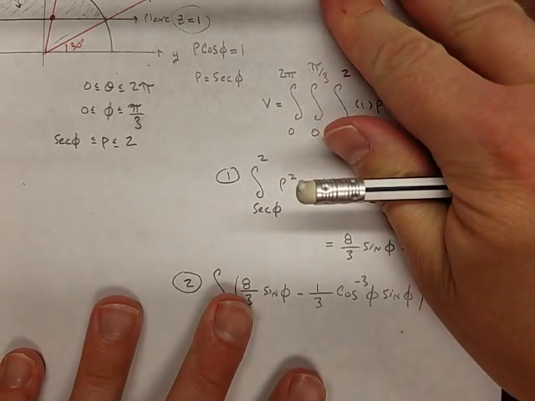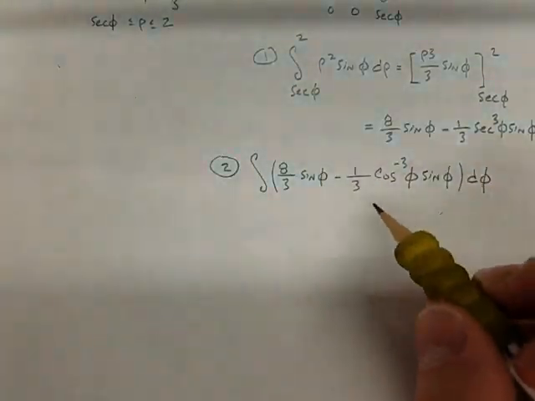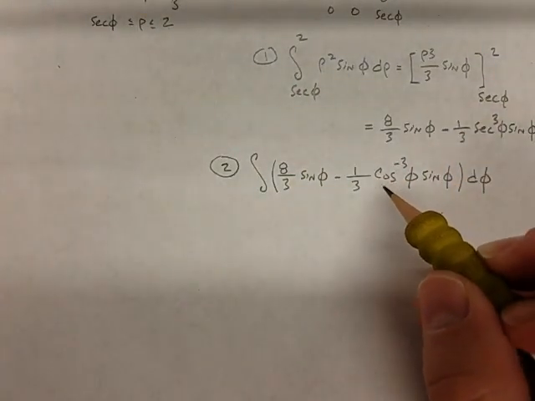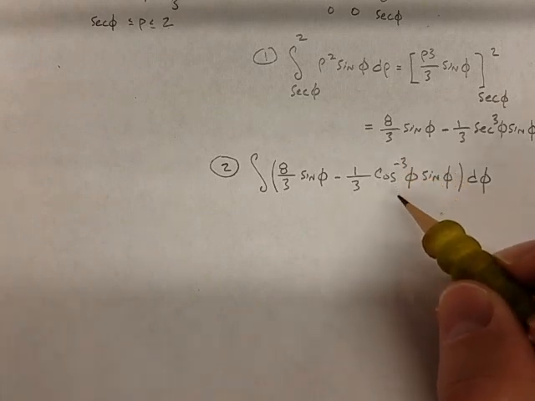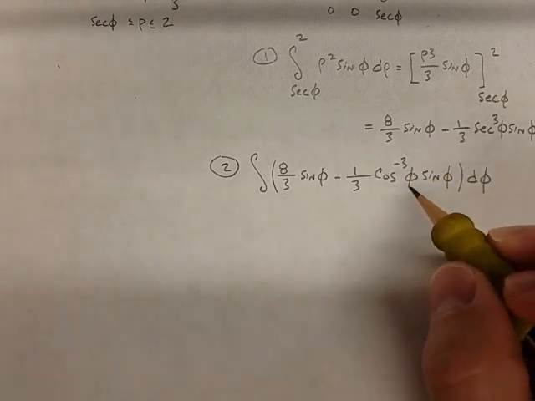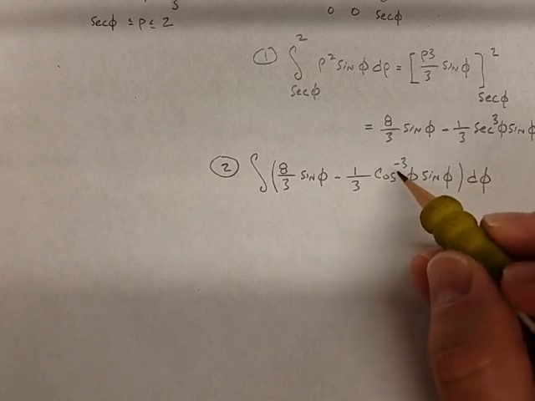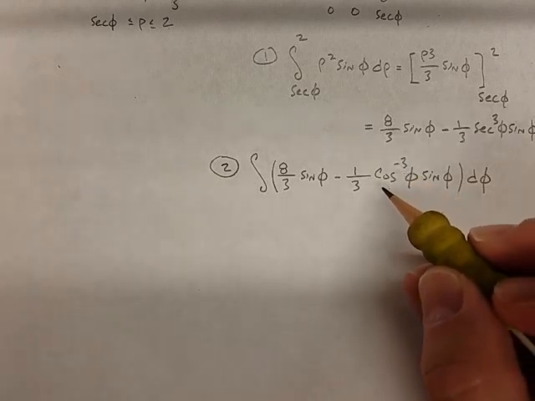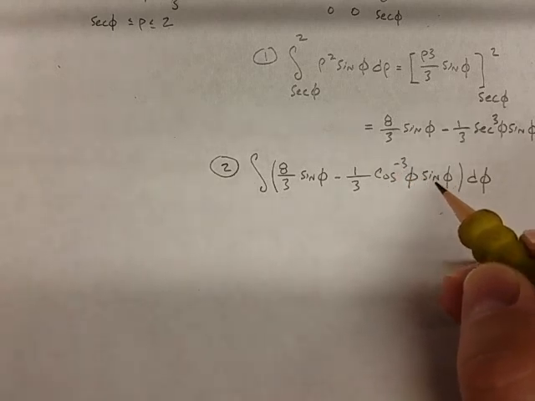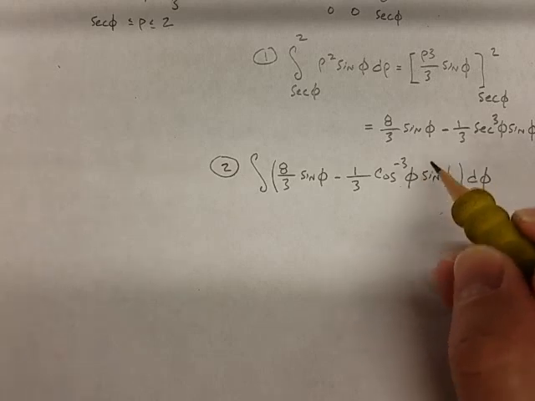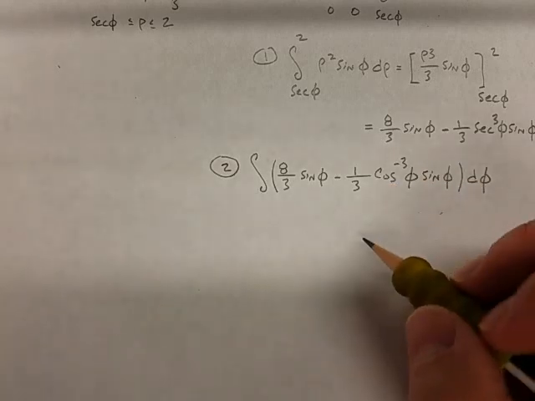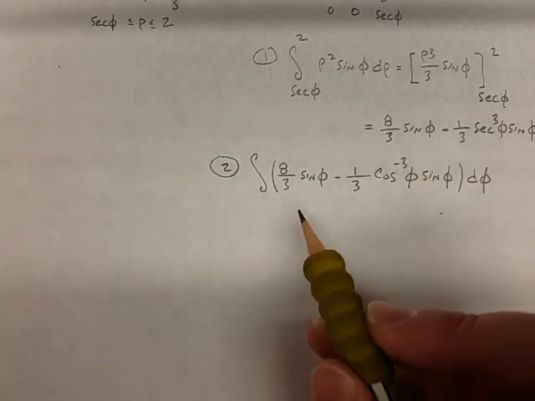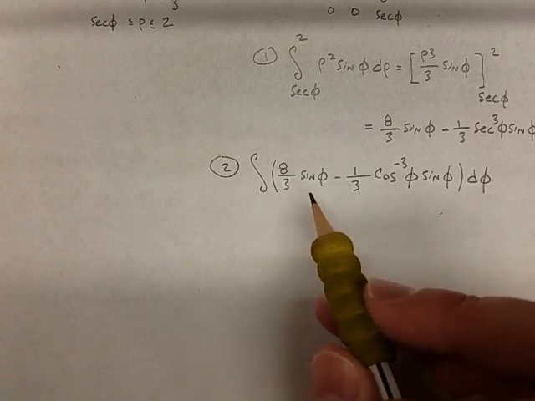Now, why do I like it better? Well, because that's a fairly simple u substitution. If u was cosine, that would be u to the minus 3 power. Du would be minus sine, okay?